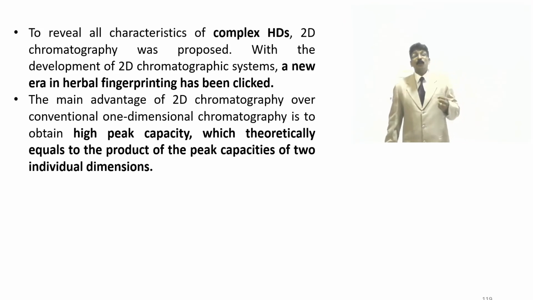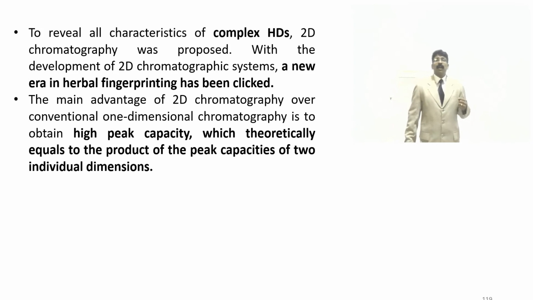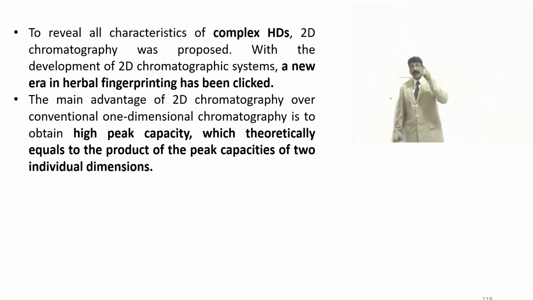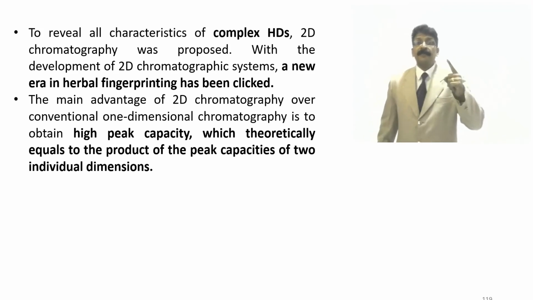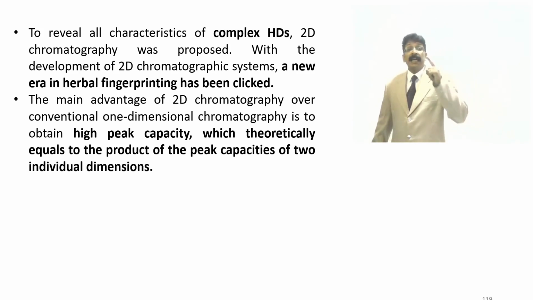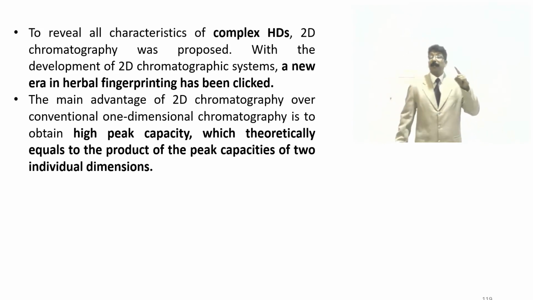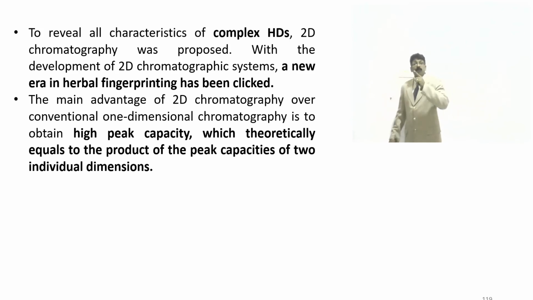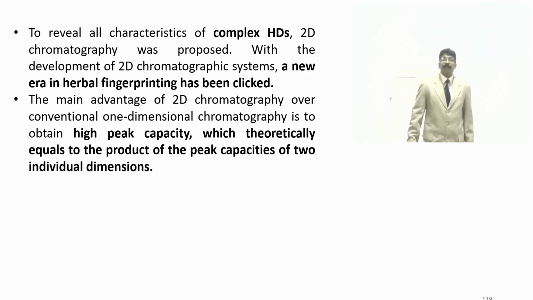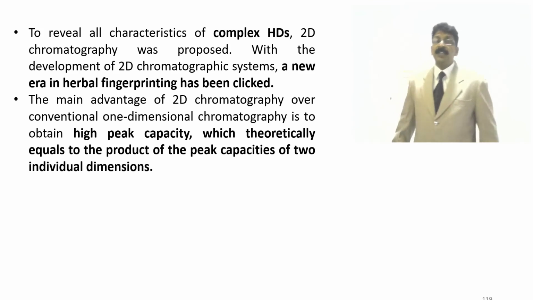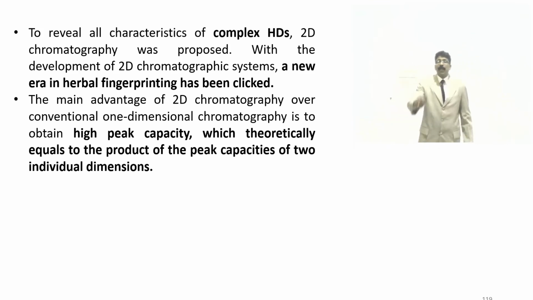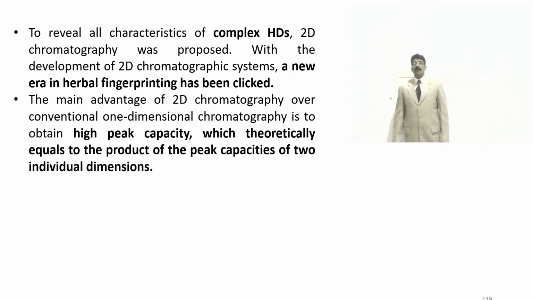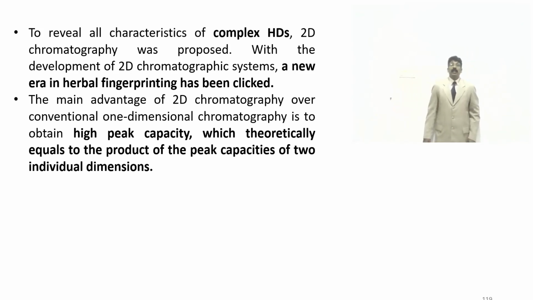The advantage of 2D chromatography over conventional one-dimensional, single chromatography is that it obtains high peak capacity, theoretically equal to the product of the peak capacities of the two individual dimensions. In two ways you are confirming very clearly, and a product can be identified and confirmed by means of this 2-dimensional chromatography.